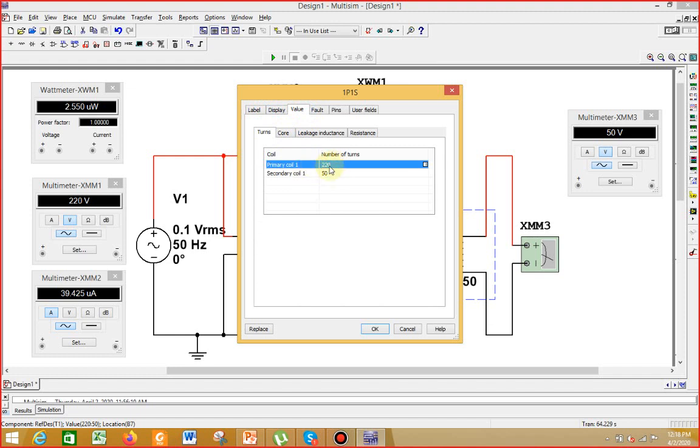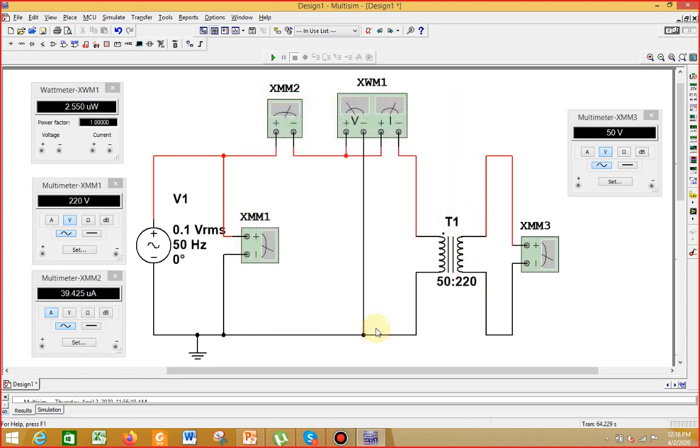Now the primary will have 50 turns and the secondary will have 220. Then we need to change the voltmeter connected to the secondary to an ammeter. So just click on A and you have configured your circuit.